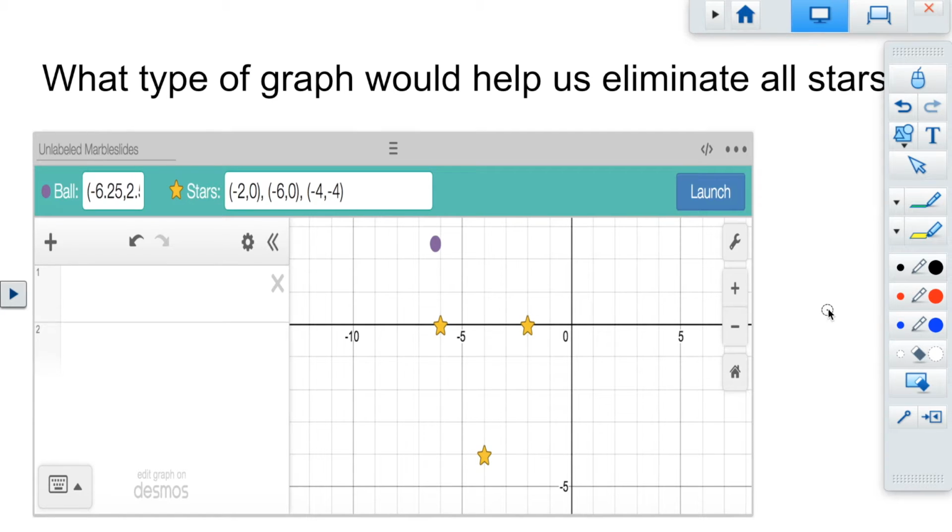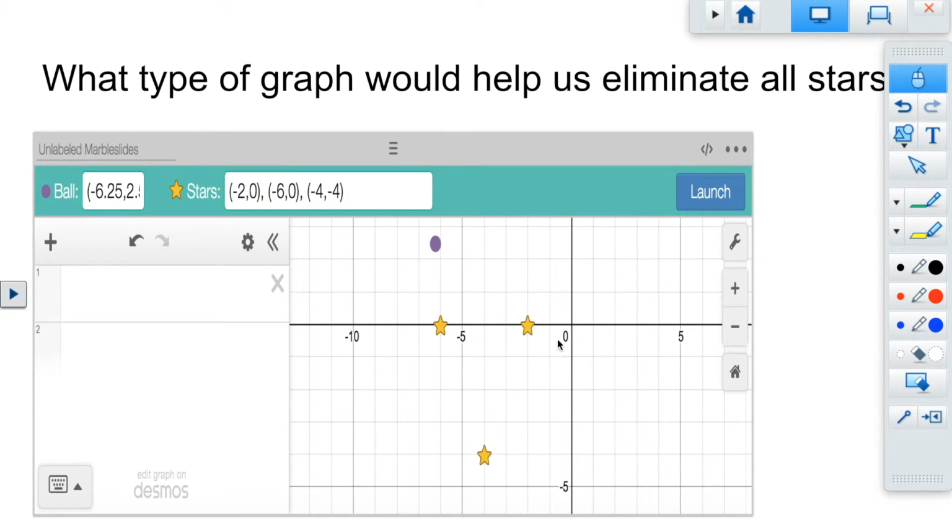So let's write a quadratic function given the zeros. So I could tell, looking at the graph, that my zeros are at (-2, 0) and (-6, 0). You can see these in your stars up here. These are your solutions, zeros, x-intercepts, or roots.